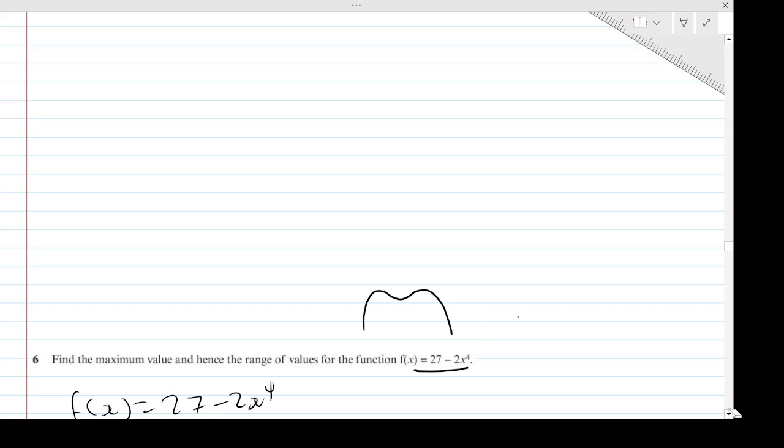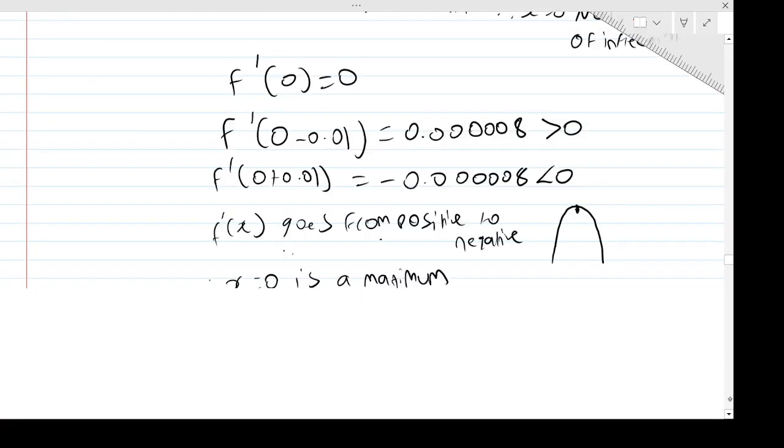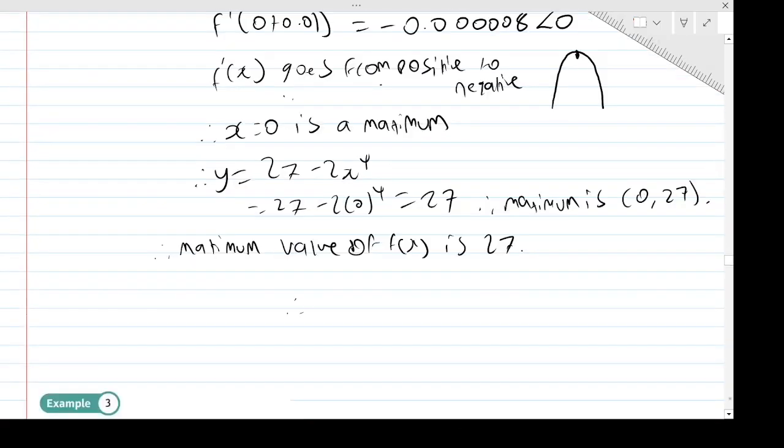So basically the range of values goes from negative infinity as it keeps going down, up to a maximum point of 27. So my range of values is simply f of x is less than or equal to 27. Okay, and that's it. Cool.